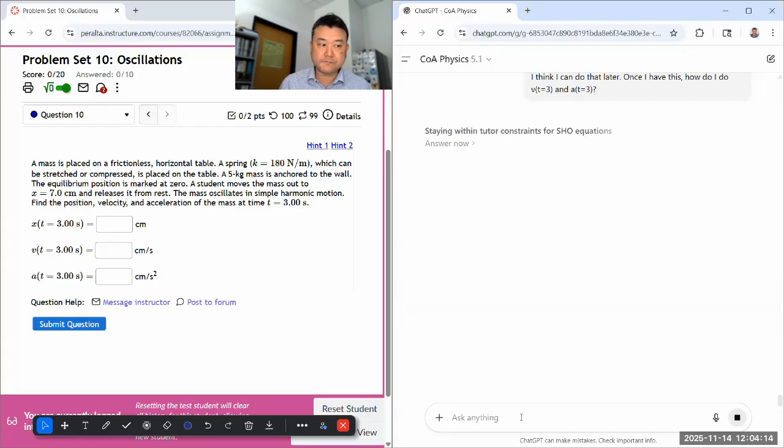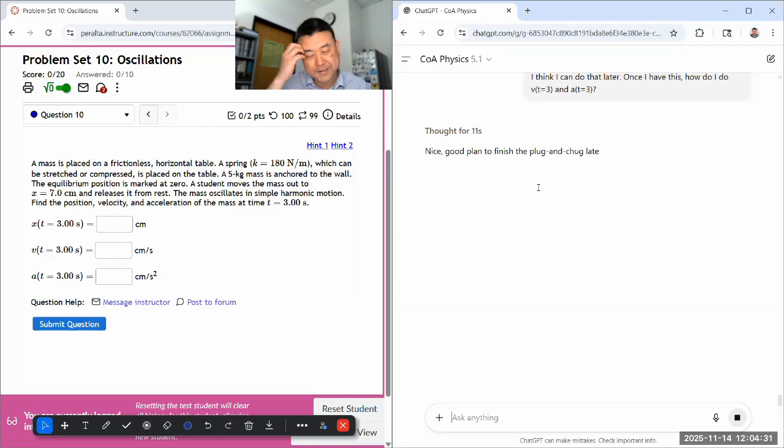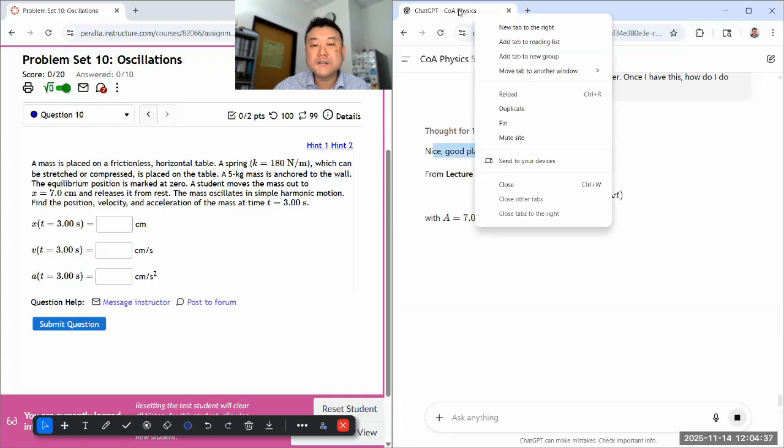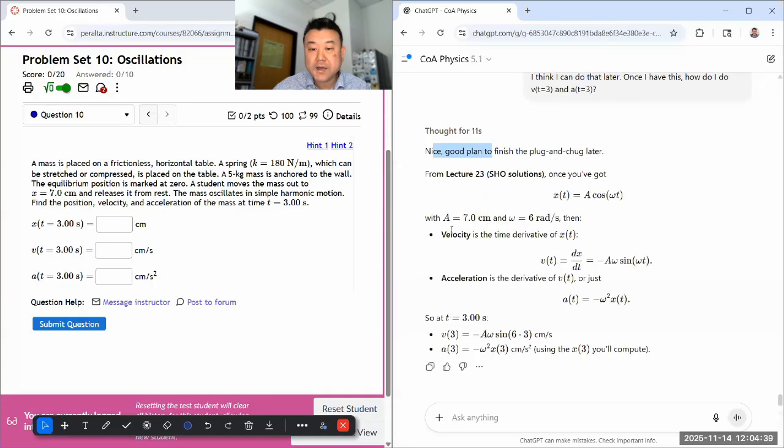So it's been instructed to answer direct questions directly. They say online that they made 5.1 more sycophantic compared to GPT-5. Maybe, I don't know. Then velocity is the derivative, great. Acceleration is another derivative.